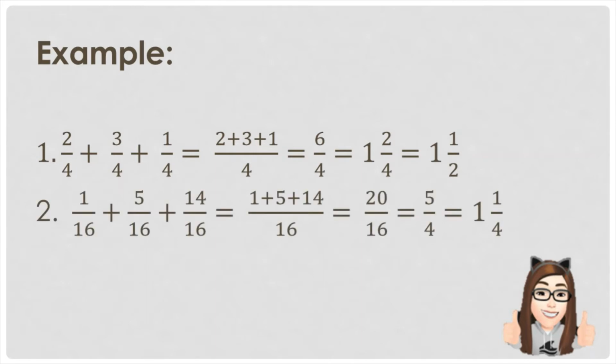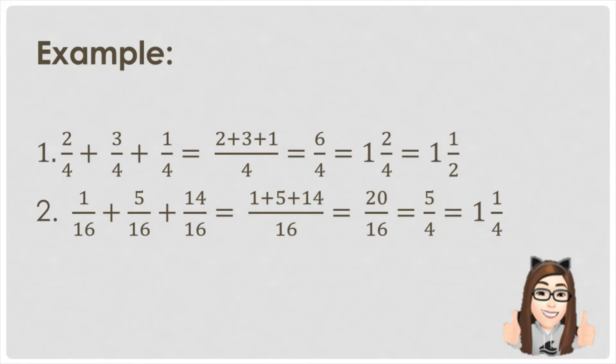For example number 2, we have 1 over 16 plus 5 over 16 plus 14 over 16. Again, let us add the numerators. 1 plus 5 plus 14 all over 16 is equal to 20 over 16. Once again, we can change this improper fraction to a mixed number.